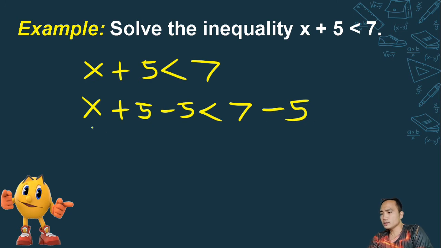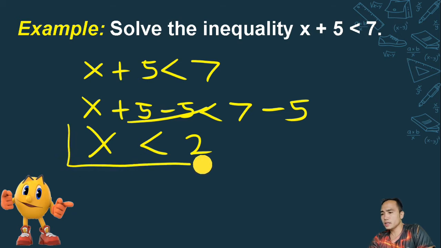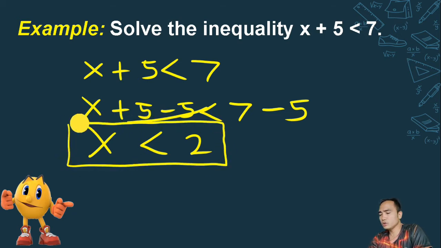So x, this cancels to 0, less than 7 minus 5, which is 2. Our solution is x less than 2. Those are the numbers that are smaller than 2.